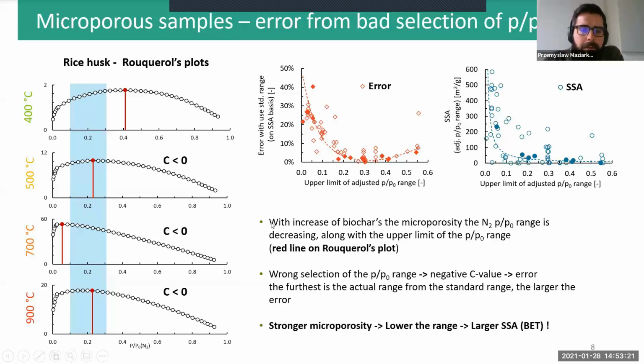And if this red line is more to the left and we still use the standard range, we introduce more error to the obtained data. So if we have a very strongly microporous material and we use the standard range, let's say for the 700, we introduce almost 30% of error.